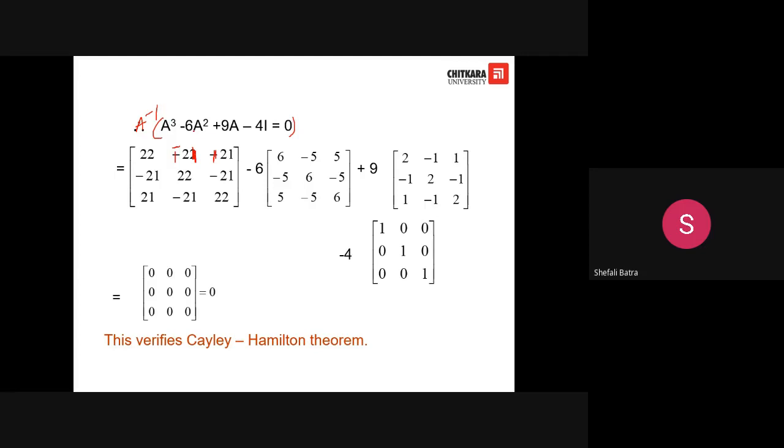A square would become A, and this is identity, and it would become A inverse. So I'm writing here A square minus 6A plus 9 identity minus 4A inverse is equal to 0. Right?